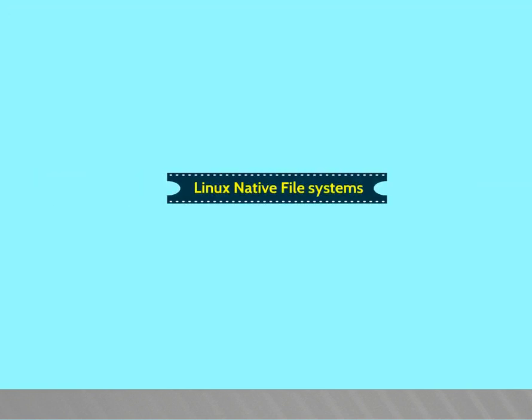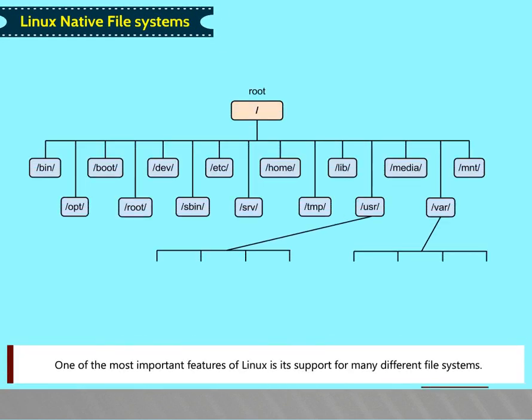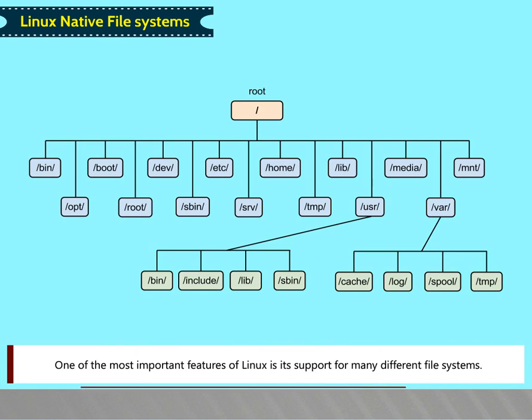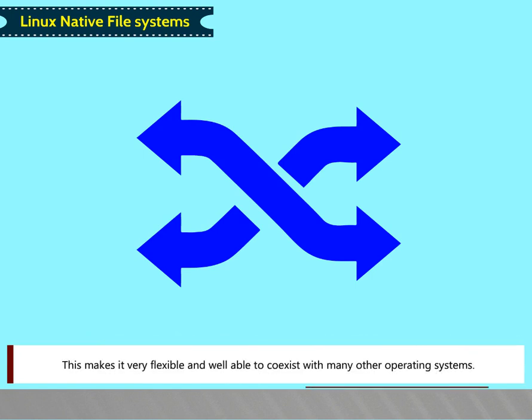Linux native file systems. One of the most important features of Linux is its support for many different file systems. This makes it very flexible and well able to coexist with many other operating systems.